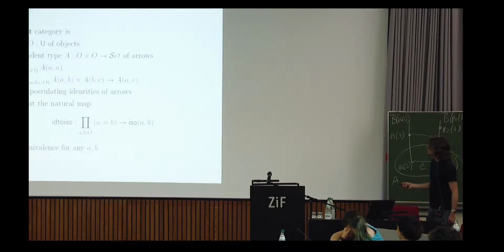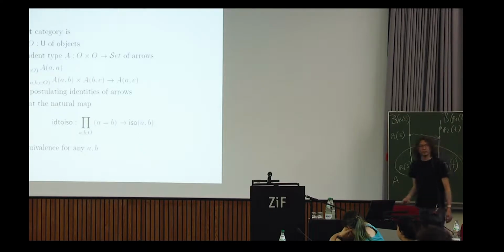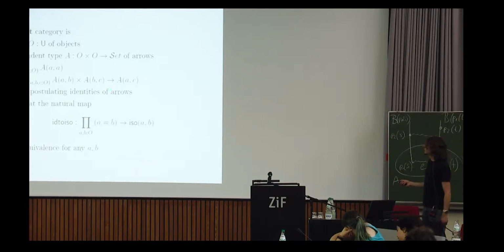Here I simply have three arguments, A, B, and C, and B is the object in the middle, and I duplicate it, I put it here and here. And by this duplication, I enforce that the arrows that I plug in here are compatible. This is why dependent types here are important.